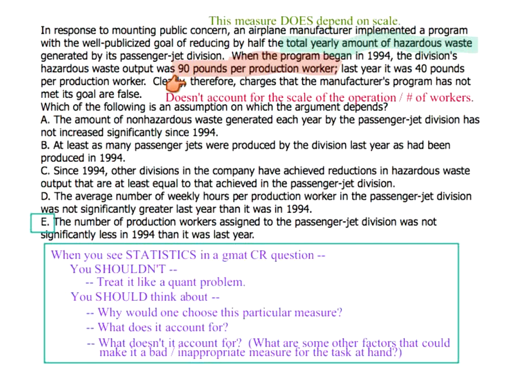Are there any questions about other choices here, why they are not what you want in this problem? Why is B wrong? Because the number of planes produced doesn't have anything to do with what we're measuring.